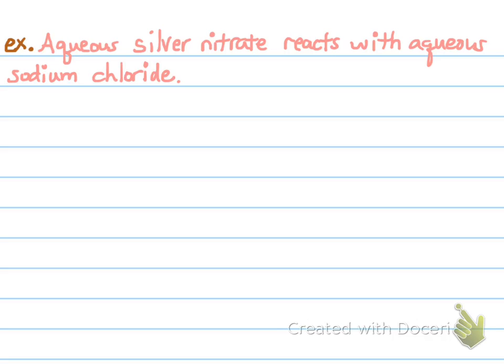Remember, our first step when we're trying to write and balance chemical equations is to identify the reaction as one of our 5 types. We have a compound reacting with a compound, and the only type of reaction where we have 2 compounds reacting is a double replacement. So we know this is a double replacement reaction.